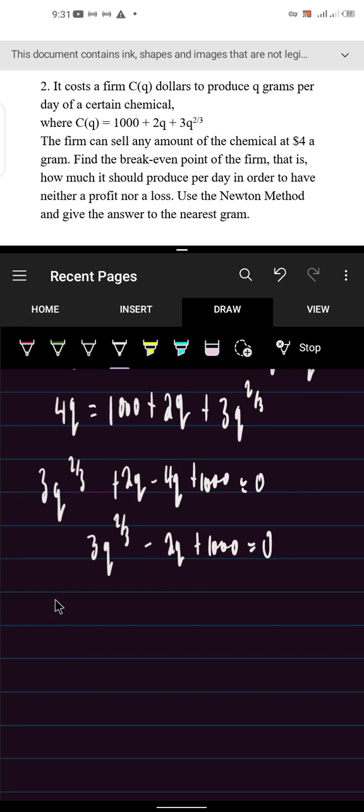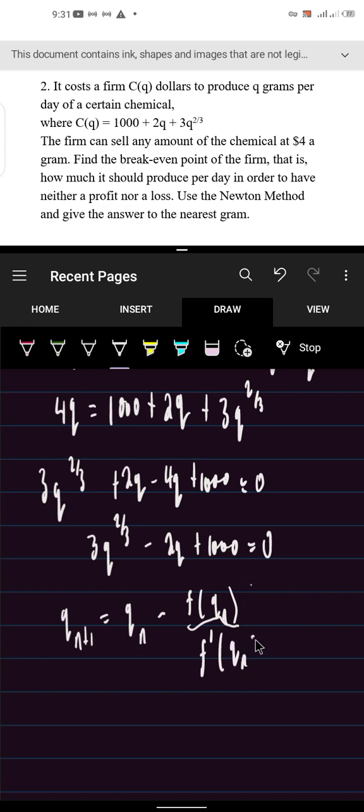So now to solve for q using the Newtonian method, the q of n plus 1 is equal to the current q minus f of q of n over f prime of q of n.